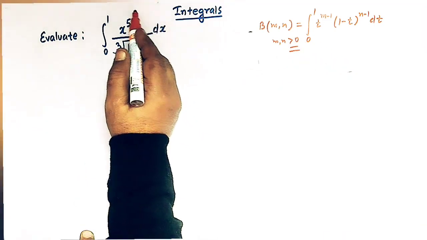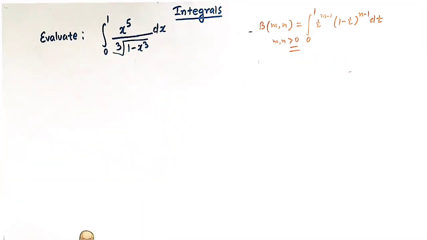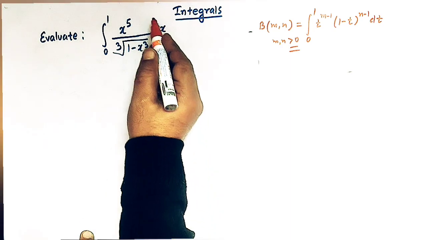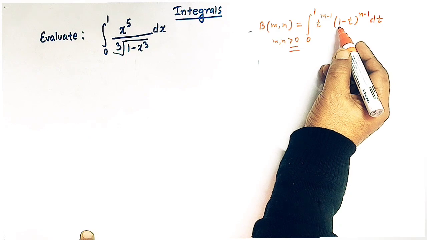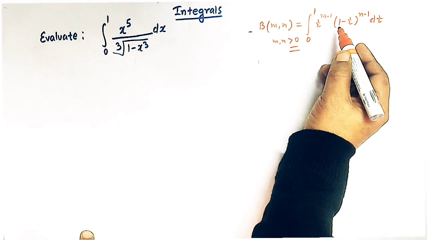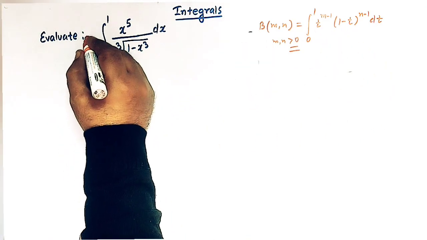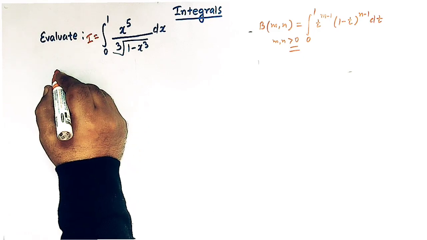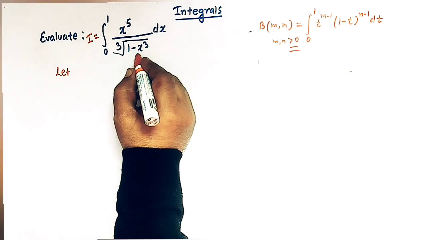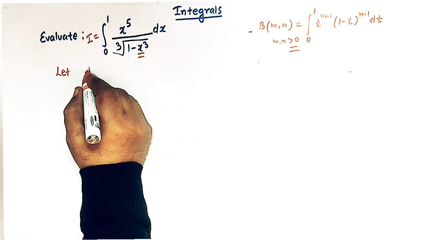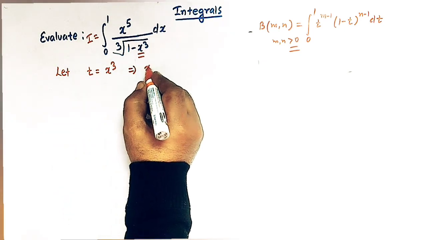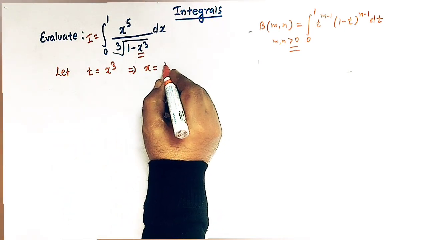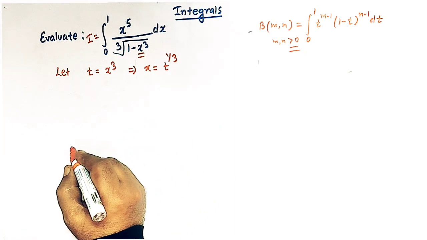So the purpose of applying the method of substitution is to convert or to reduce this integral into this form, right? So here let us first take this integral as I, and let us make this substitution, that is t is equal to x cube, so that we have x is equal to t raised to 1 over 3.